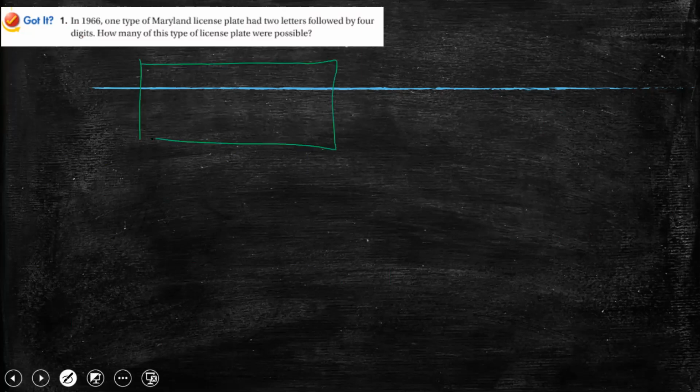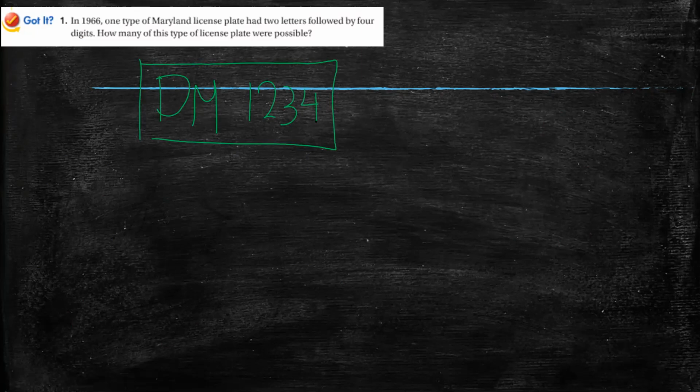In 1966, one type of Maryland license plate contained 2 letters, like DM as an example, followed by 4 digits, 1, 2, 3, 4. How many of these types of license plates were possible? How many ways can I make this license?